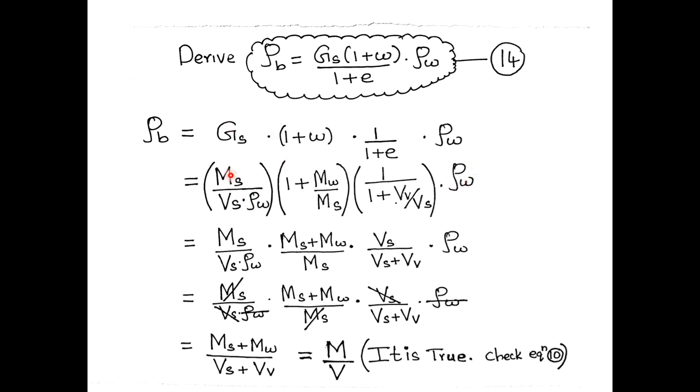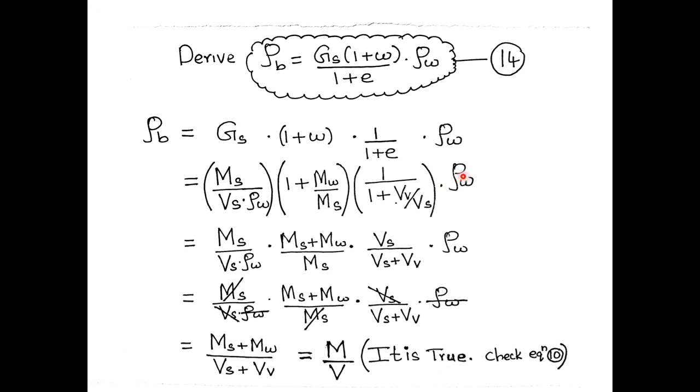This Gs is equal to ms over Vs rho W. That is the definition of Gs. 1 plus W, this is the water content definition, mass of water over mass of solid. That is the definition of W. 1 over 1 plus E, volume of voids over volume of solid. That is the definition of void ratio.